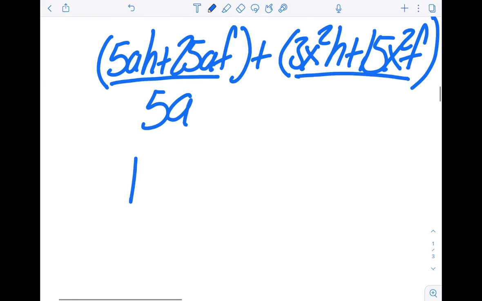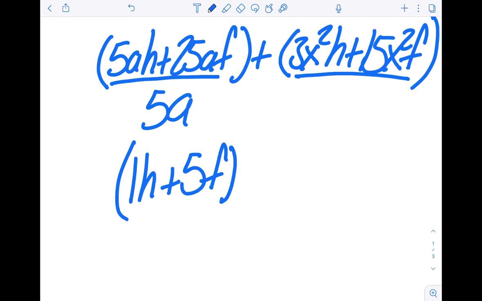This A crosses out with that A, so I just bring down H. 25 divided by 5 is 5. This A crosses out with that A, so I just bring down F. And I put my 5A in front, just like that.